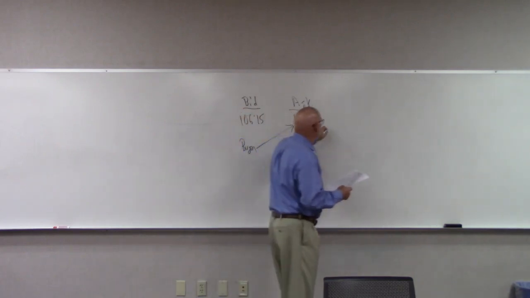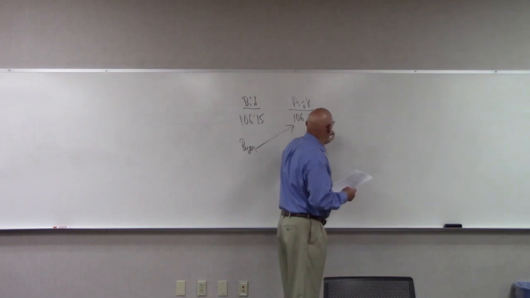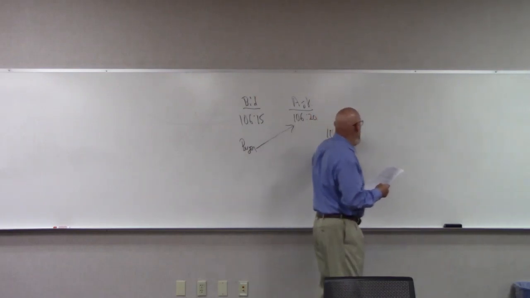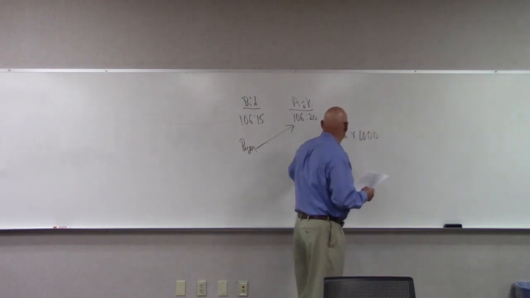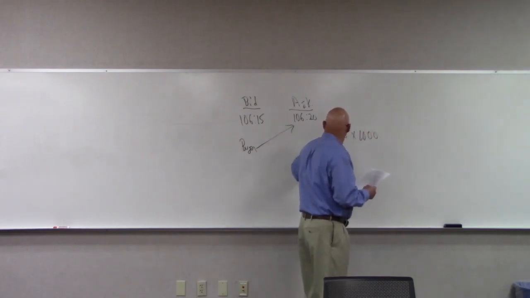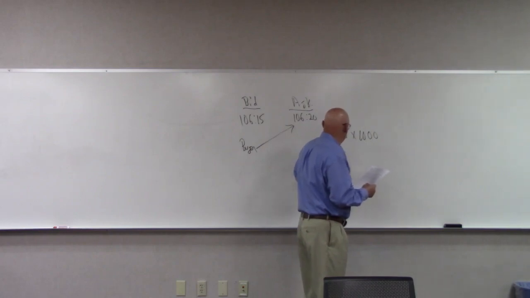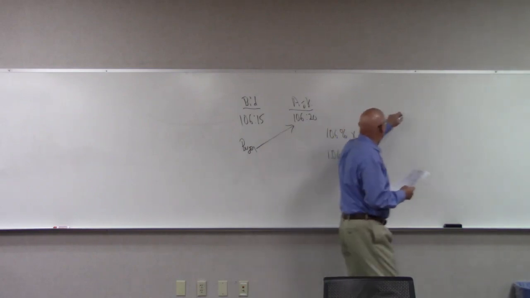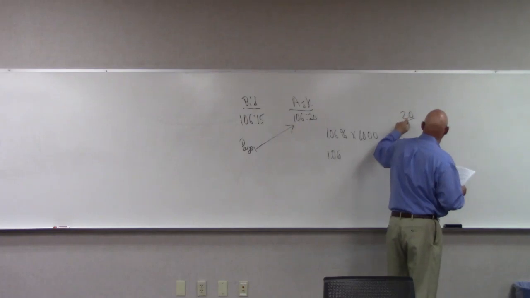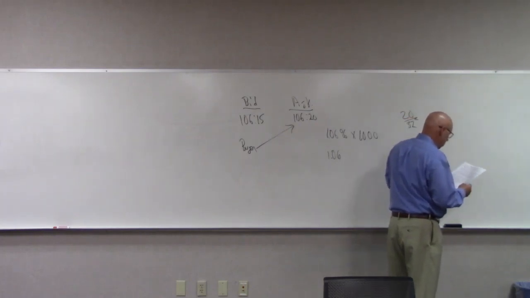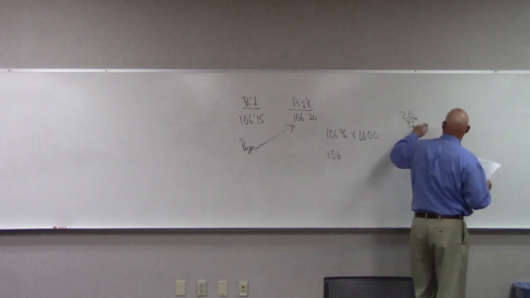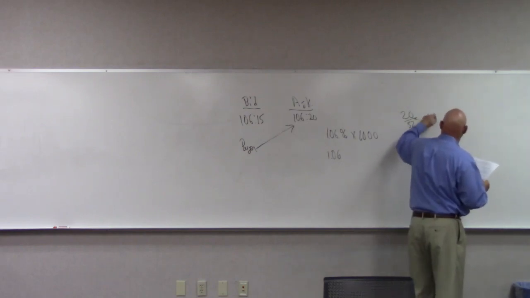So this is going to be 106% or 1.06 times 1,000. So 1.06 and then 20/32. And 20/32 is 0.625.